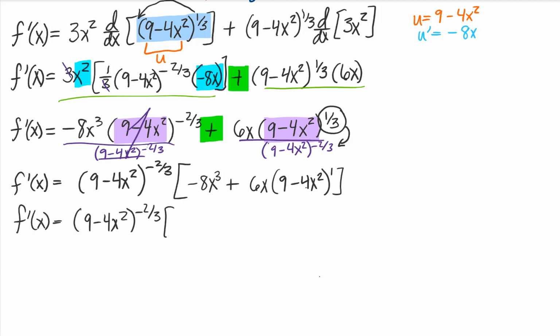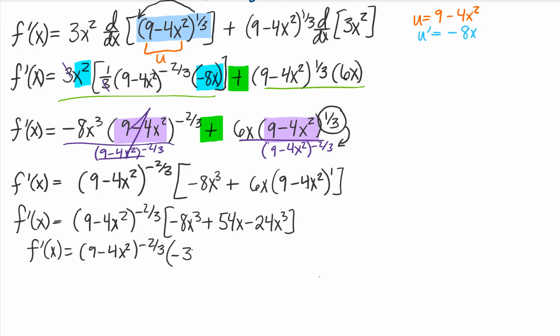Let's distribute and combine like terms in these brackets. This piece still has a common factor, so I'm going to take out a negative 2x.